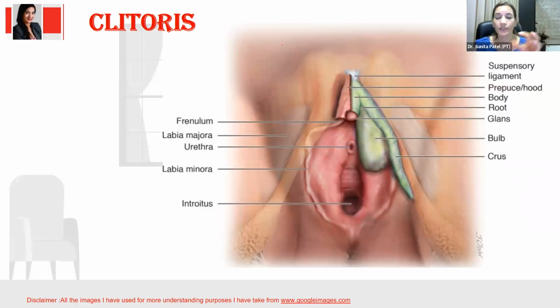If you remove those structures also, beneath them there will be the middle layer of the pelvic floor. The glans of the clitoris, the clitoris, and the bulb of the vestibule are squeezed between the superficial and the middle layer.